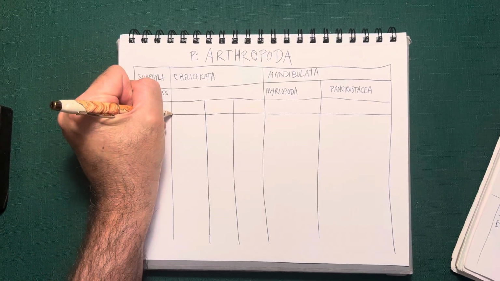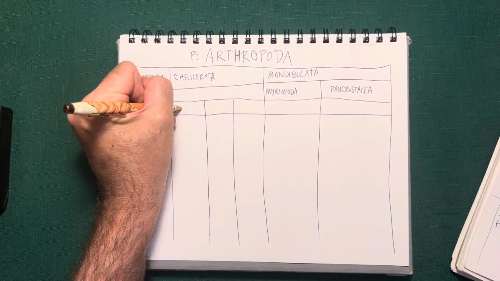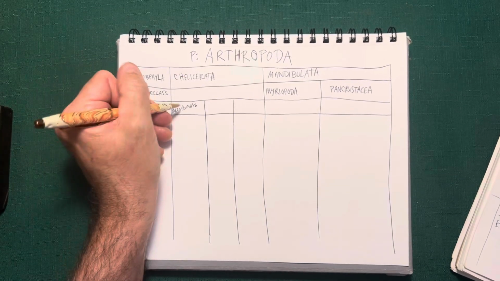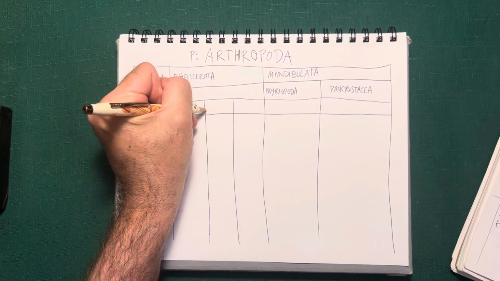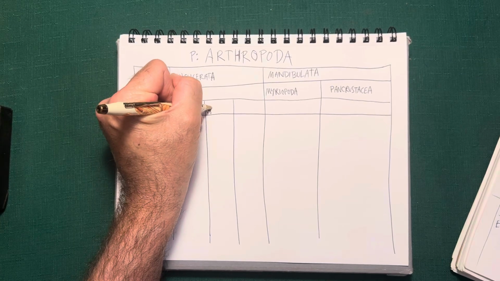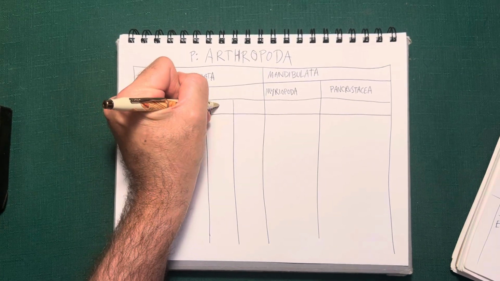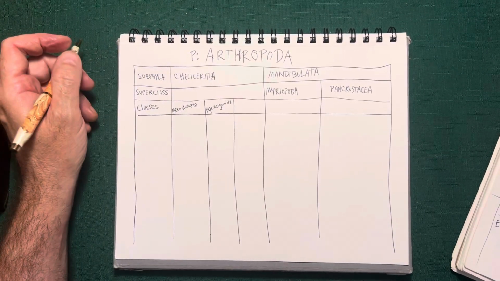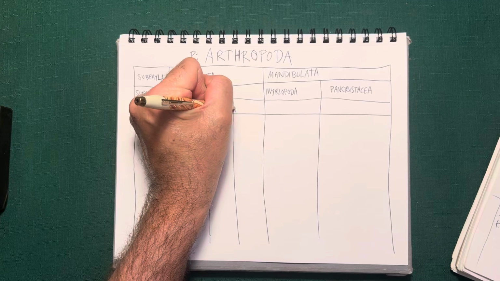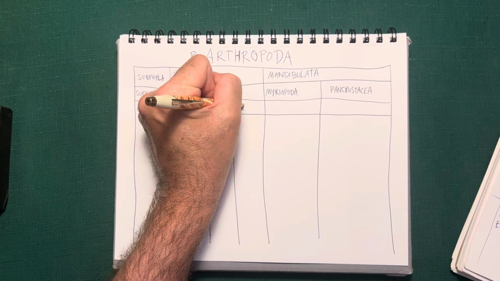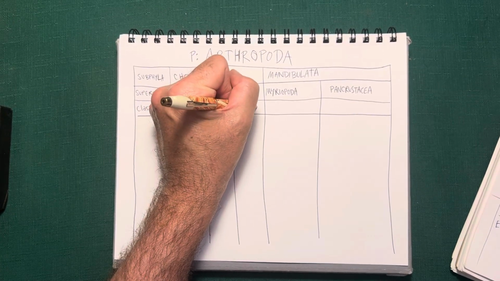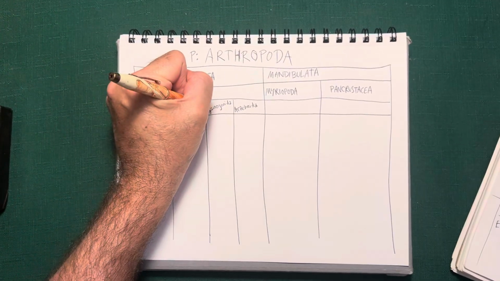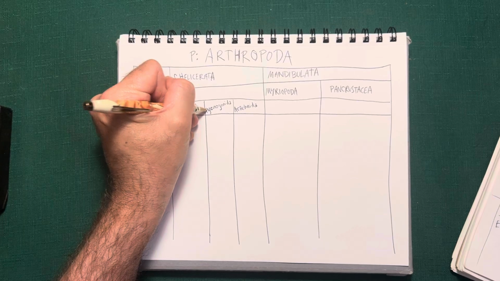They are Merostomata, Pycnogonida, P-Y-C-N-O-G-O-N-I-D-A, and Arachnida, A-R-A-C-H-N-I-D-A. And on the exam, you won't need to spell them, but you'll need to recognize these words.